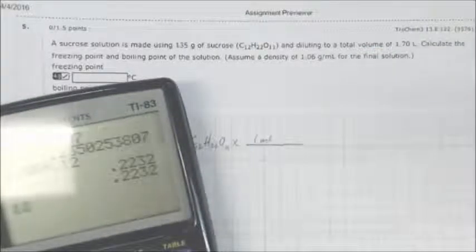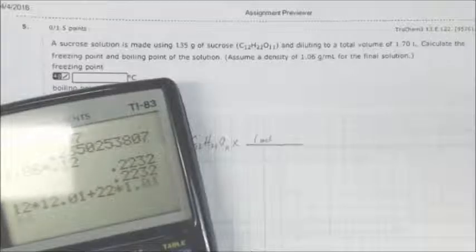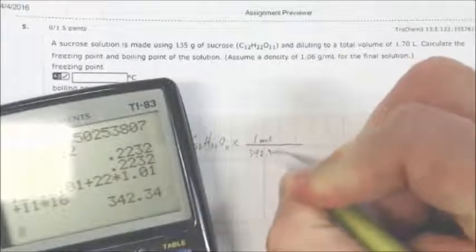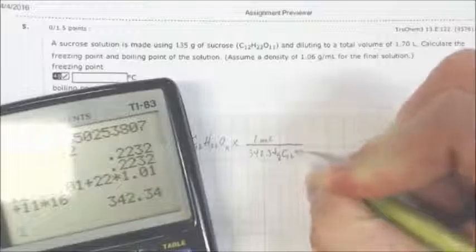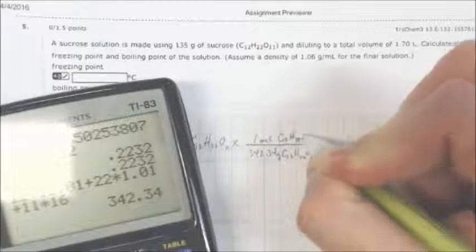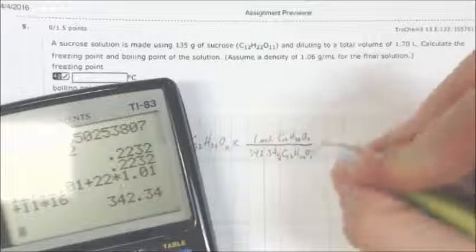And so that is 12 carbons at 12.01 and 22 hydrogens at 1.01 and 11 oxygens at 16.00. That adds up to 342.34 grams.